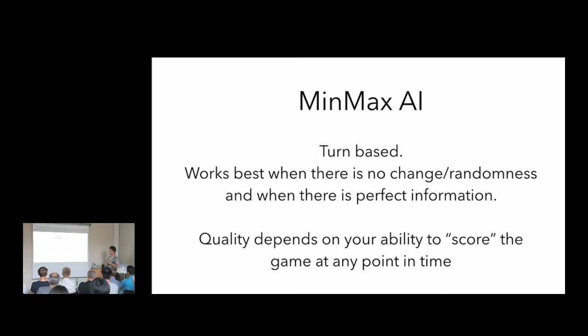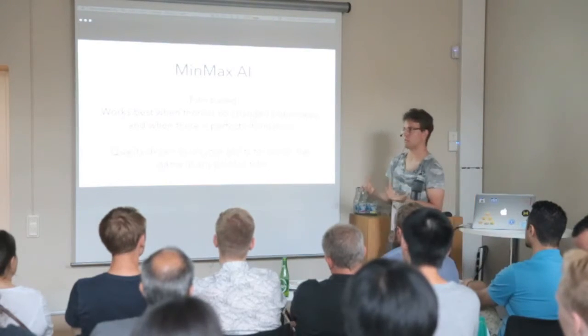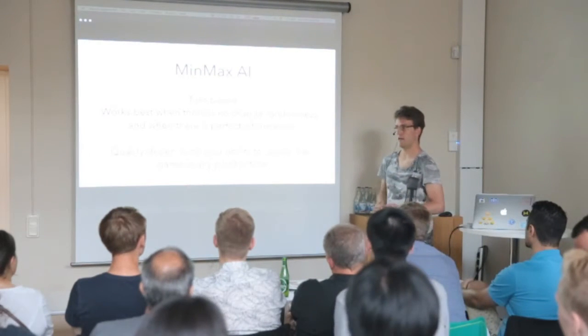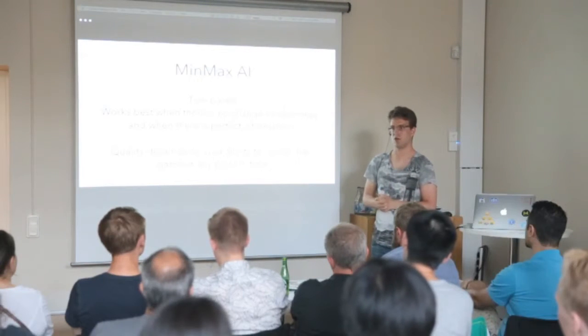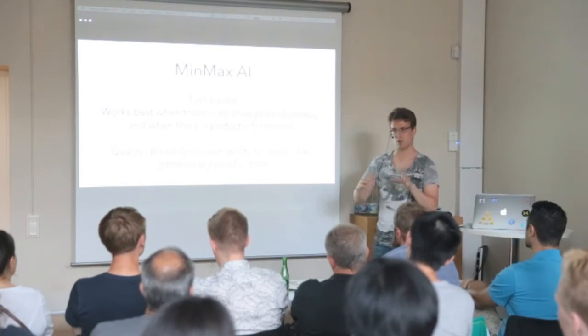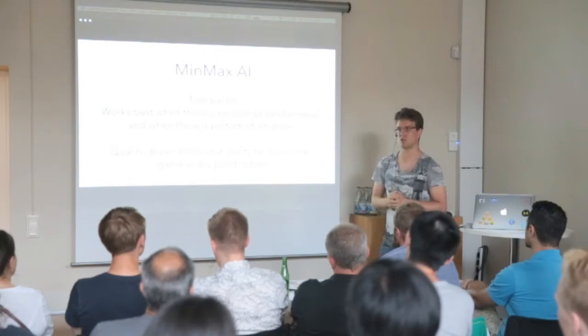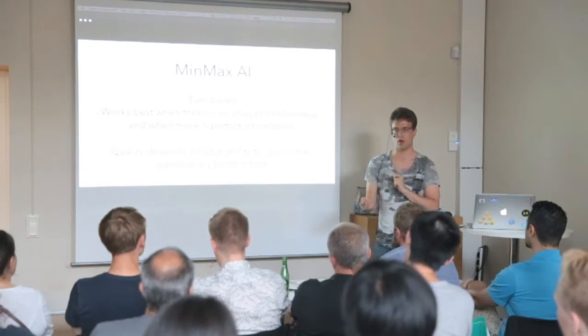It also depends very heavily on your ability to put a score on the status of the game model. So if you, for example, take a chess game and you score the current situation as the number of pieces that you have, that's a fairly poor score because some pieces are worth more than others.